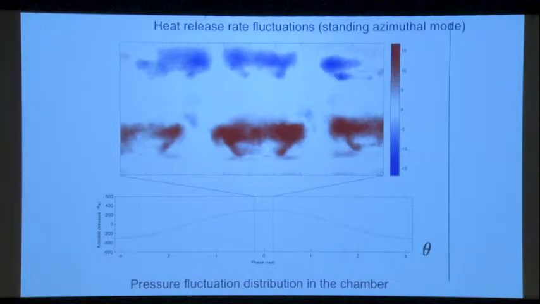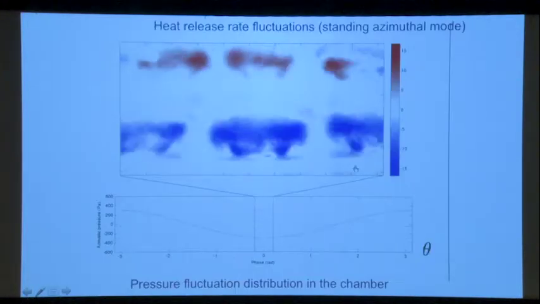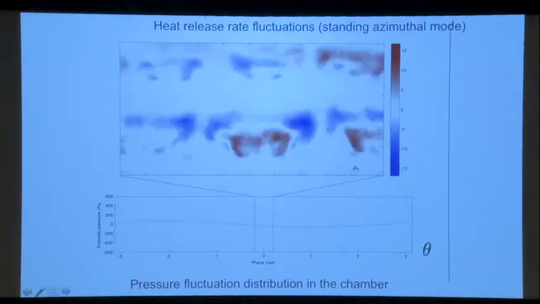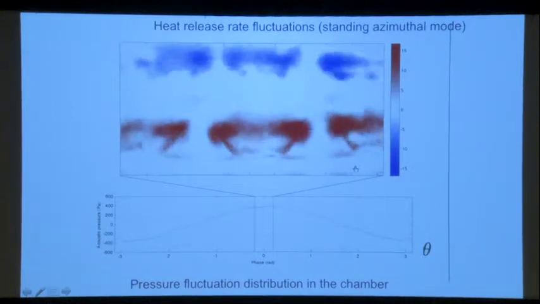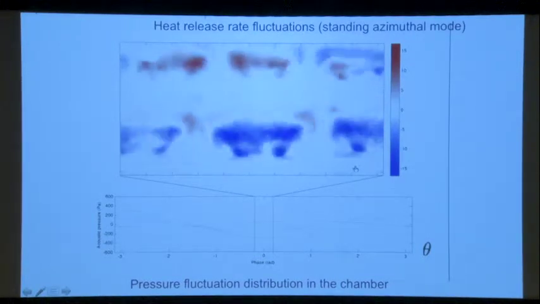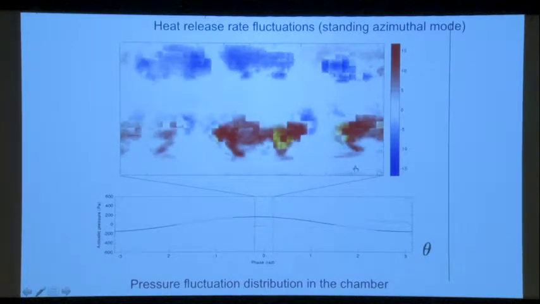So this viewing window corresponds to just that, while the pressure is calculated all over. We calculate the whole pressure field, but like that, we look at only these three flames here, and you can see immediately that the pressure and the heat release fluctuation are in phase. Let's do it again. So in this case, the Rayleigh criterion is satisfied. The pressure and the heat release are in phase.